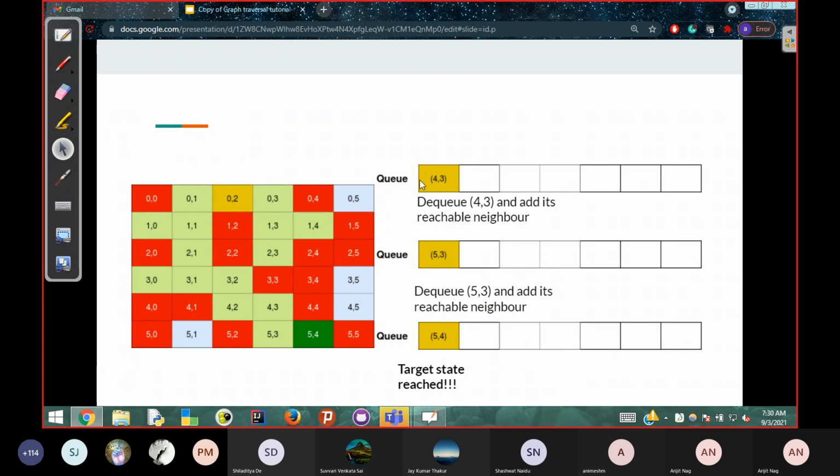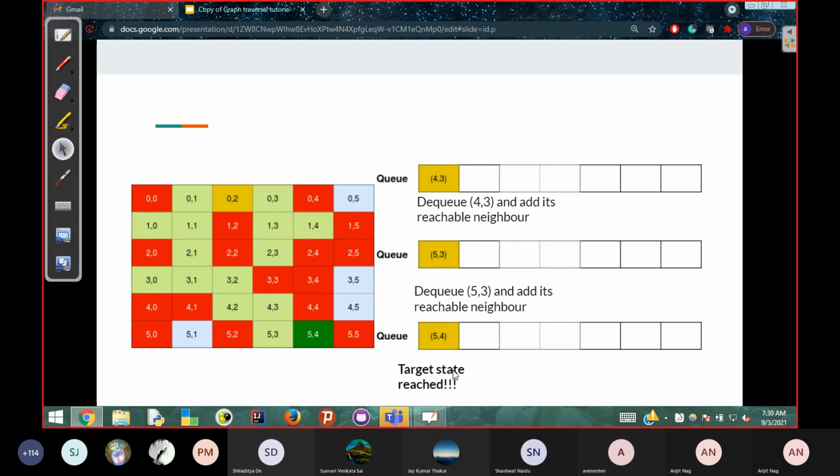This is the terminating condition: until the queue is empty, you continue. If somewhere in the middle you find the target state in the queue, you say that the target state is reached. If not, then it is fine.